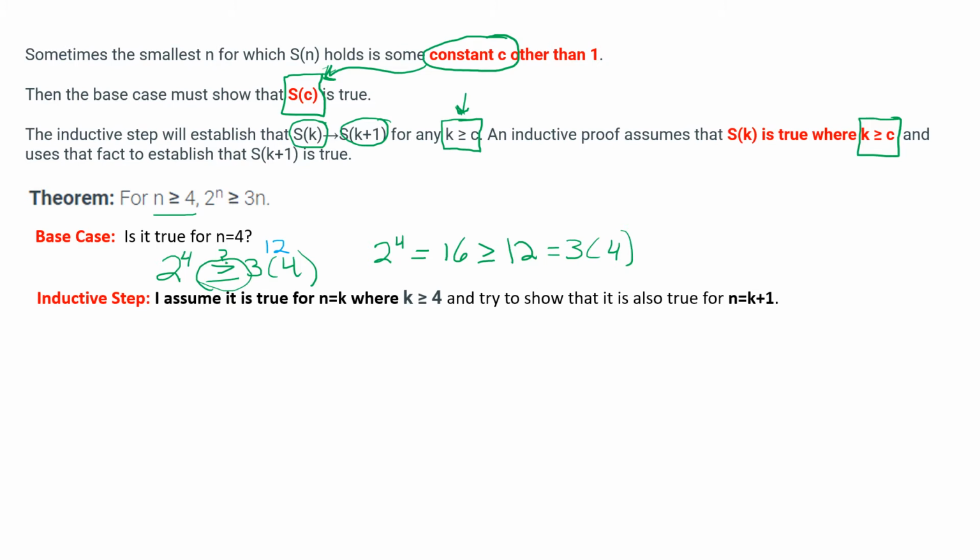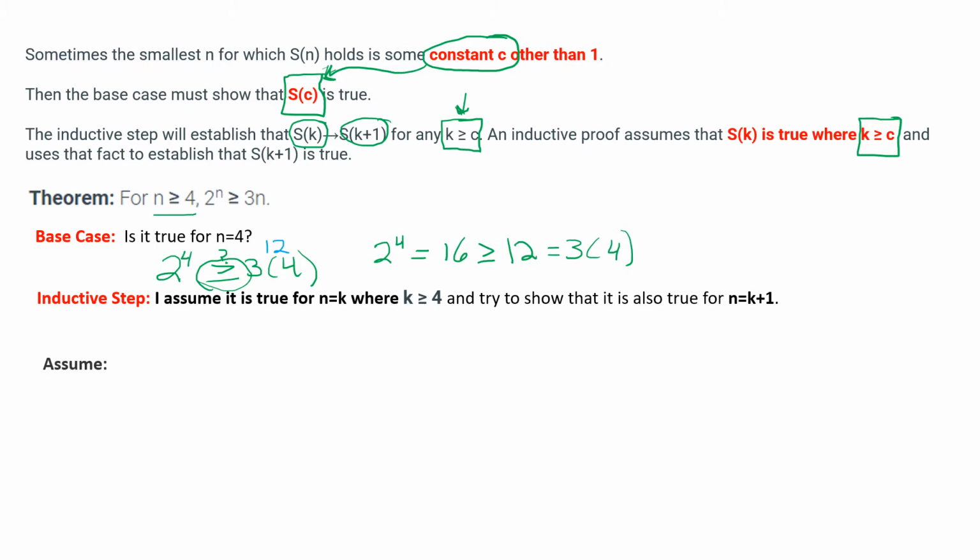So for the inductive step, remember that we're always starting with an assumption, and then we have to try to prove something. So what's our assumption? We're going to assume that it's true for all numbers n equal k, where k is greater than or equal to 4, and then try to show that it's also true for n is equal to k plus 1.